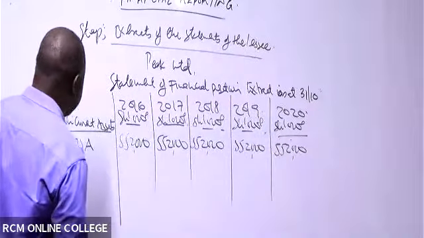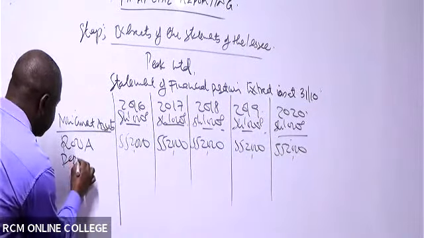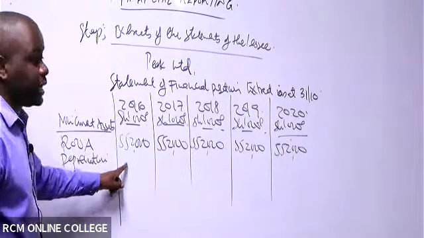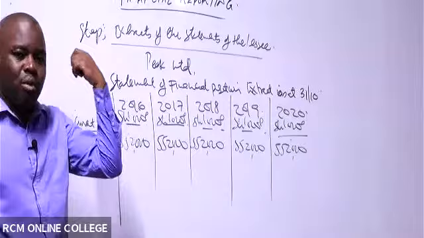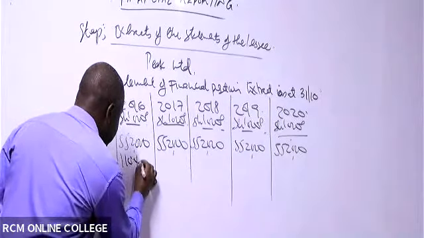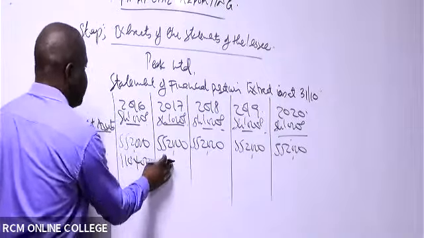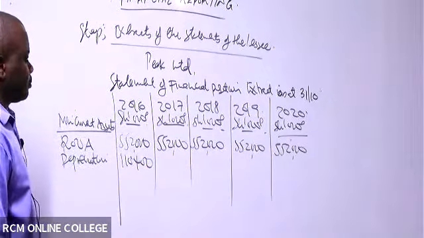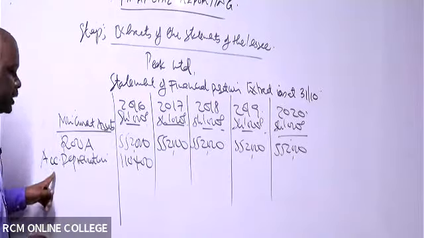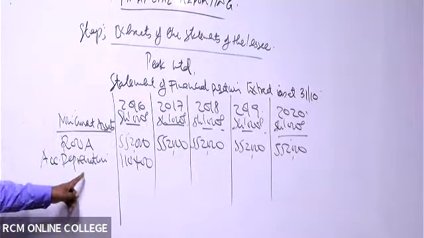Then you consider depreciation on it. The depreciation on it is 110,400. For this year, it is supposed to be accumulated. Accumulated depreciation.